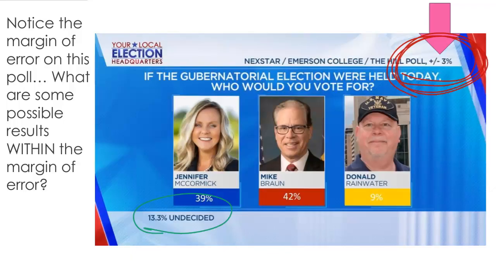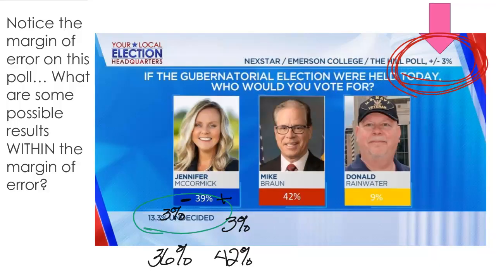So if Jennifer McCormick, the Democratic candidate, if we added 3% to her amount, that would give us what? 42. So her upper limit, according to this plus or minus 3%, would be 42. What would be her lower limit? That would be minus 3%, which gives her 36.